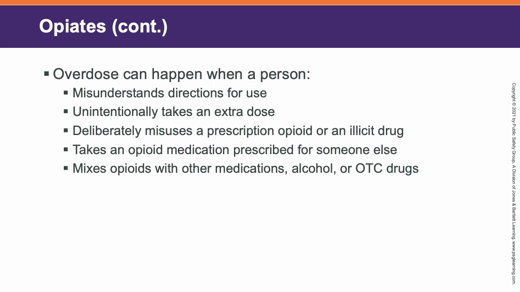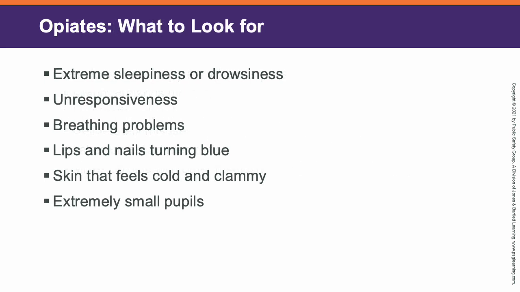An overdose is just an over-depression of the central nervous system. It causes the body to basically shut down. So some things to look for: extreme sleepiness or drowsiness, unresponsiveness, breathing problems, lips and nails that are turning blue, so poor blood flow, poor circulation.